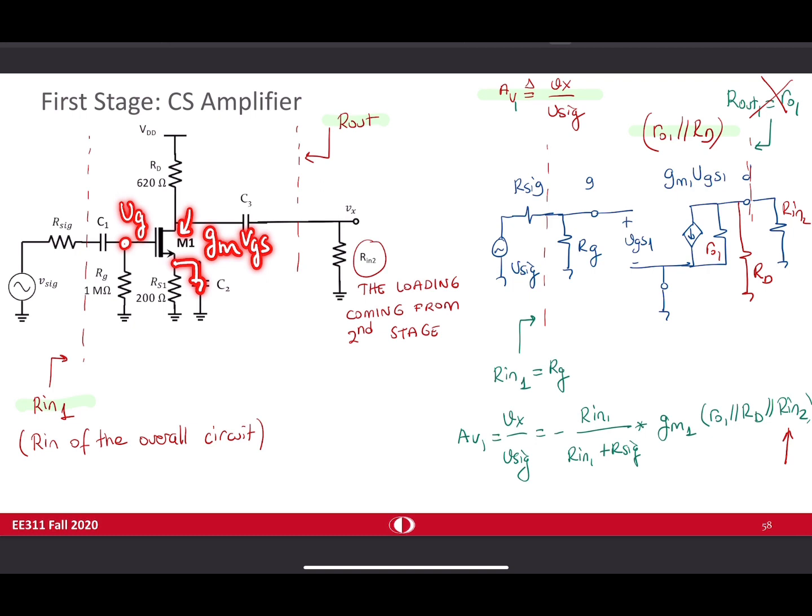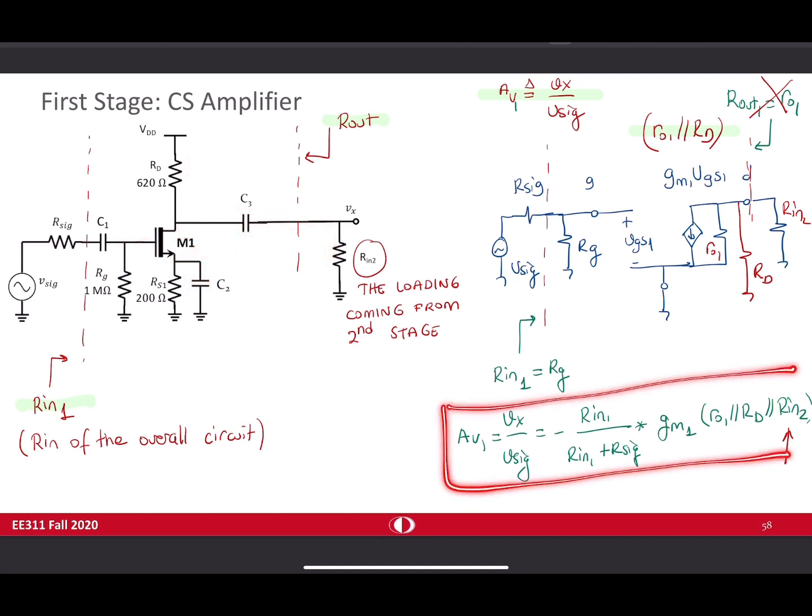When you multiply this current with the total AC resistance at this node, you can find the output voltage, and the AC resistance at this node has three components, Rin2, Rd in parallel with Ro1. So again, you end up with this AV1 result when you even do not draw the small signal model.